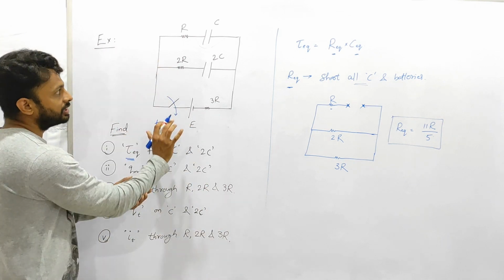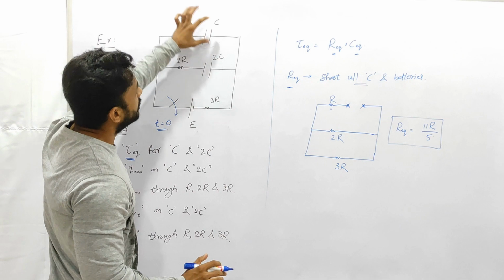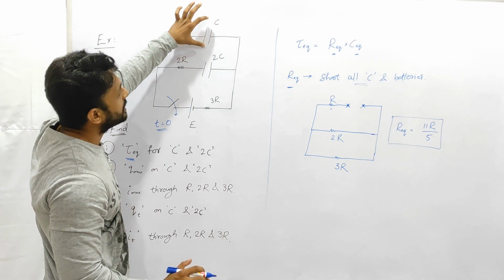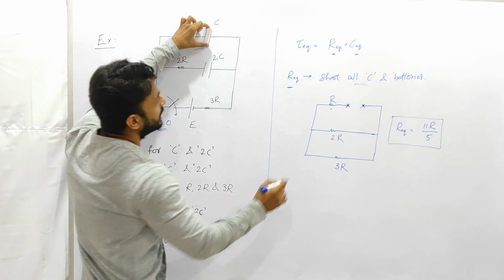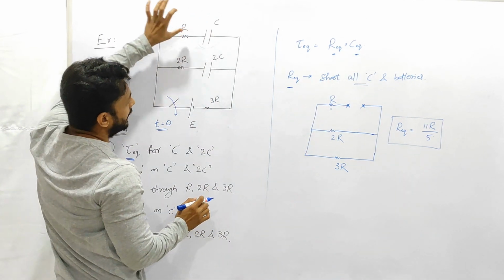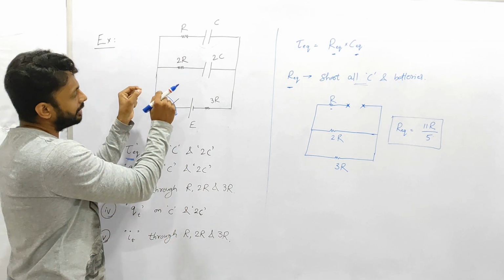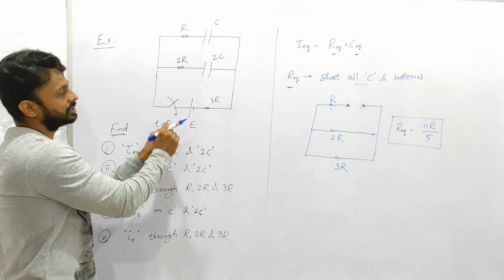And how to find the C equivalent? Again the logic, guys: for this capacitor I'm asking what is the tau equivalent, and for that we need the C equivalent. To calculate that, once again in the given circuit we need to short circuit all batteries and all resistors.